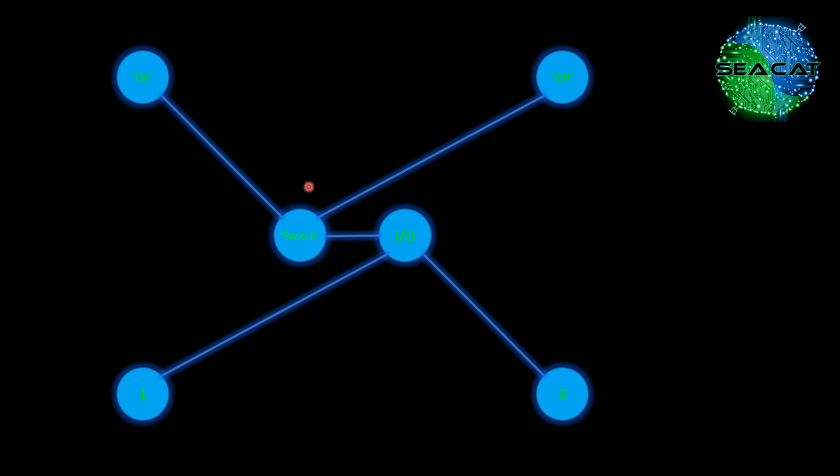In the same way that these are linked to the word switch, because you switch on, switch off, your I/O device takes 1 or 0. So they are intrinsically linked to the switch. They could be linked to other things as well, but because we're focusing on simple decisions, right now we're just going with what we see here. So there would actually be a bunch more lines going off here, but we're not worrying about those for now.